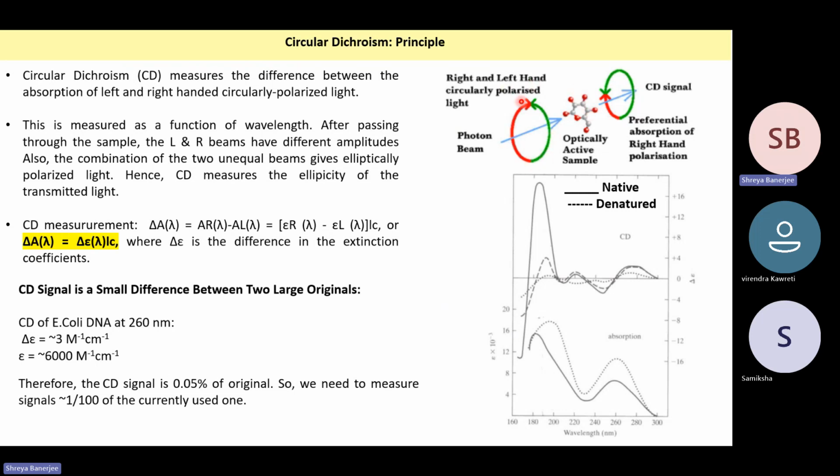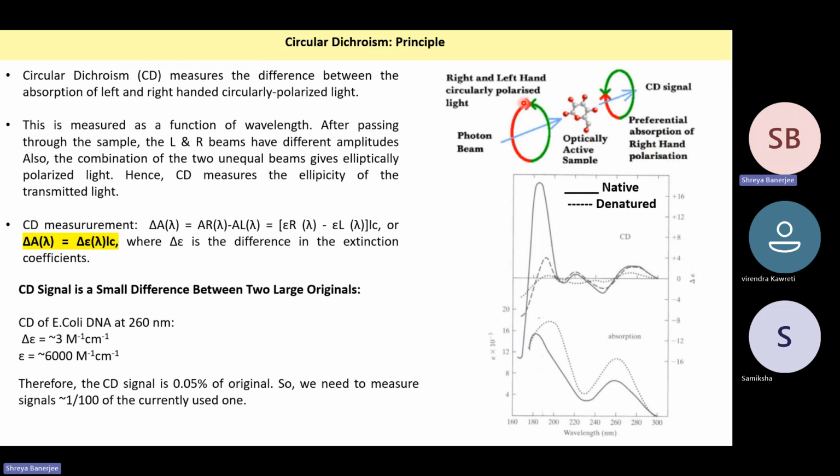Here it is shown in a schematic way. This red line is the right-handed circularly polarized light in the clockwise direction, and the green line is the left-handed circularly polarized light in the anti-clockwise direction. Initially, both have equal components. You can see half of the circle is red, half is green. When it passes through the sample, this particular sample is preferentially absorbing the right-handed polarized light.